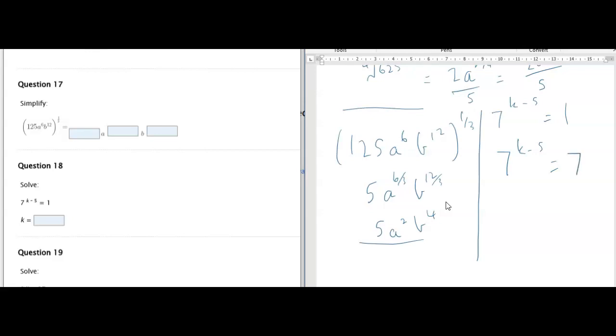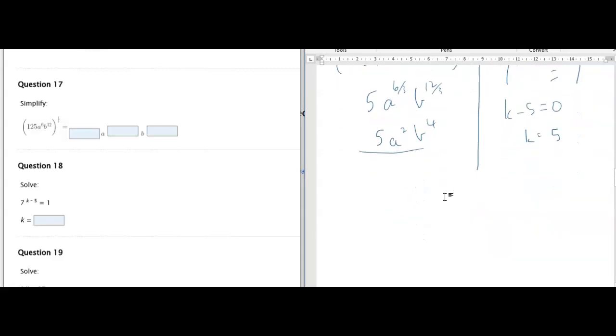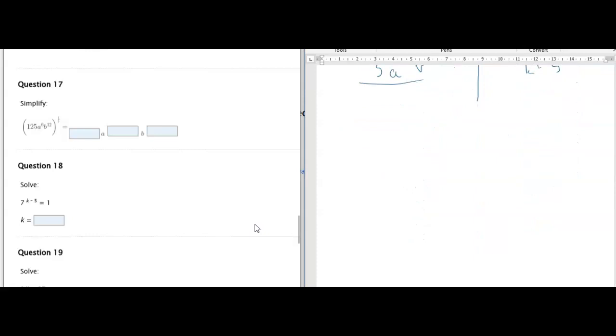So I do have to write 7 here, and you've got to say, well, 7 to the power of what gives me 1? And remember, as I said before, any number to the power of 0 gives you 1. So now that we have the same bases, I can let k minus 5 equal 0. That means k is equal to 5. A tricky one, just remembering that 0 power.